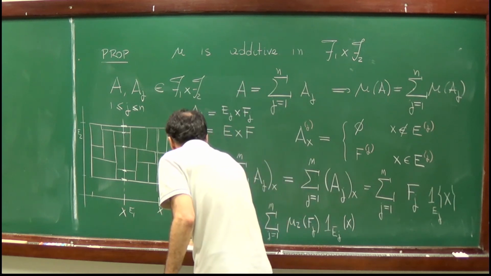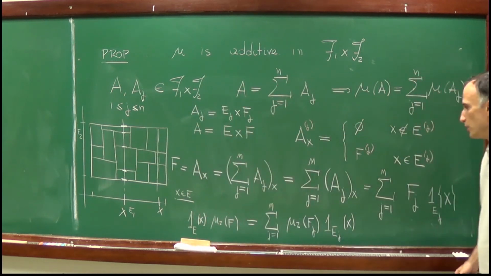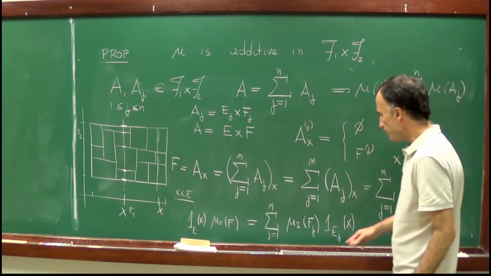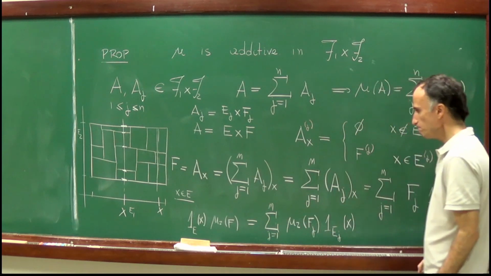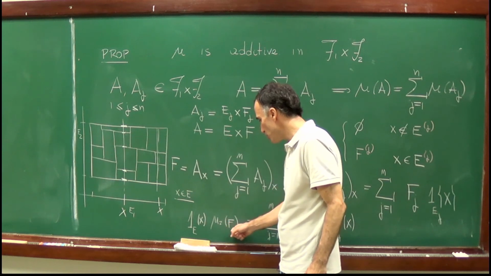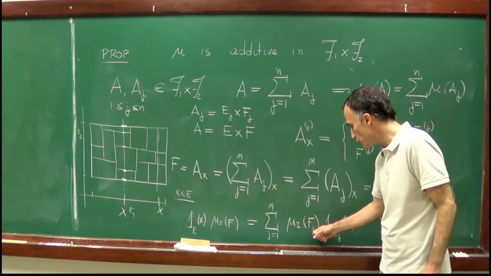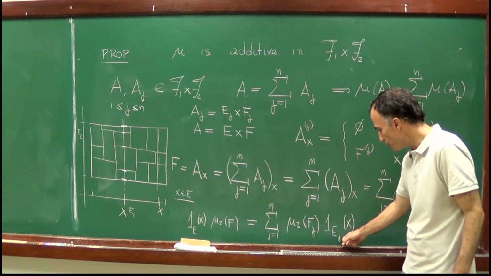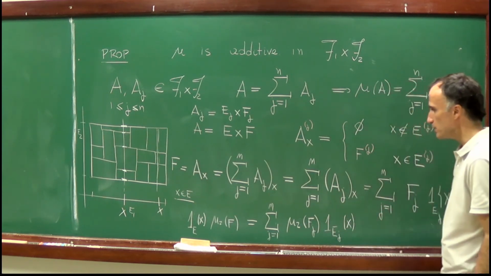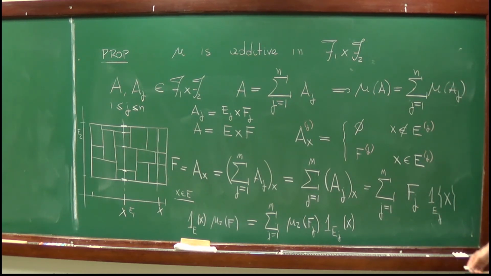So I'm allowed here to add the indicator of E. So we just proved this identity. If x belongs to E, then we have mu2 of F equal to the sum of mu2 of F_j, over all j's for which x is in E_j. So this is a way in which you can read this formula.